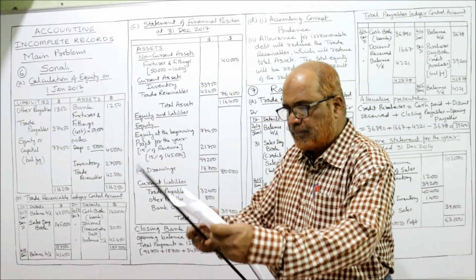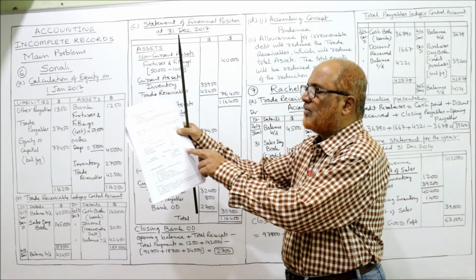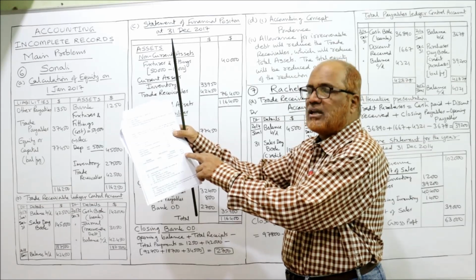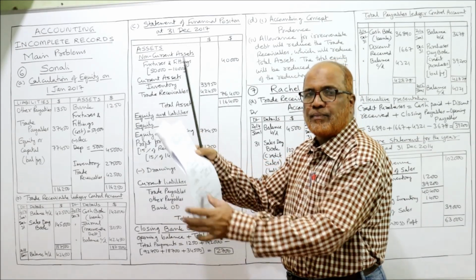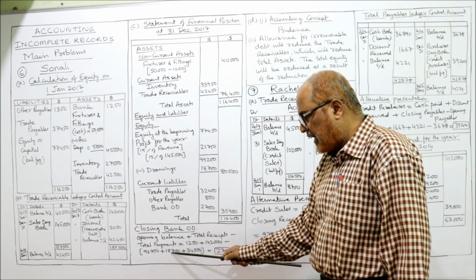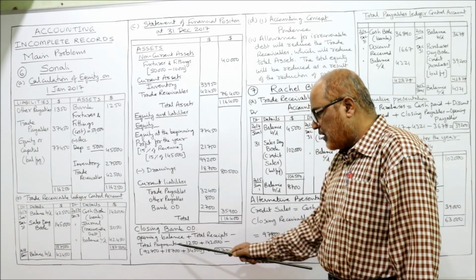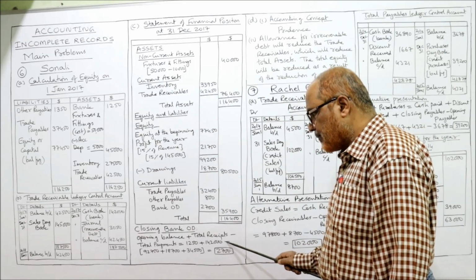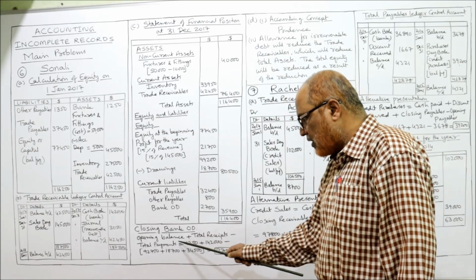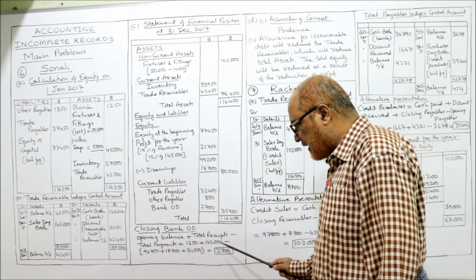Payments are given in the problem: trade payable 92,750, drawings 18,700 and general expenses 34,500. These are the payments. Add these three and deduct them from 1,250 plus 1,42,000.